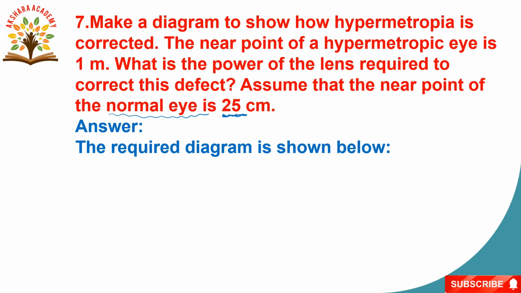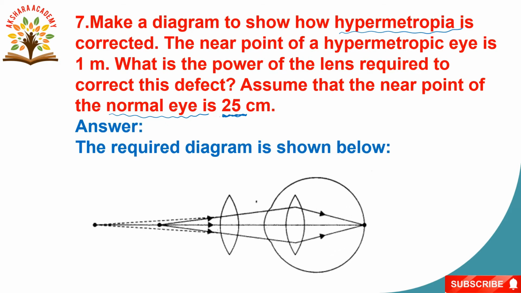We have to draw a neat diagram showing how the hypermetropic eye is corrected. This is the required diagram. Here we correct hypermetropia by using a convex lens.